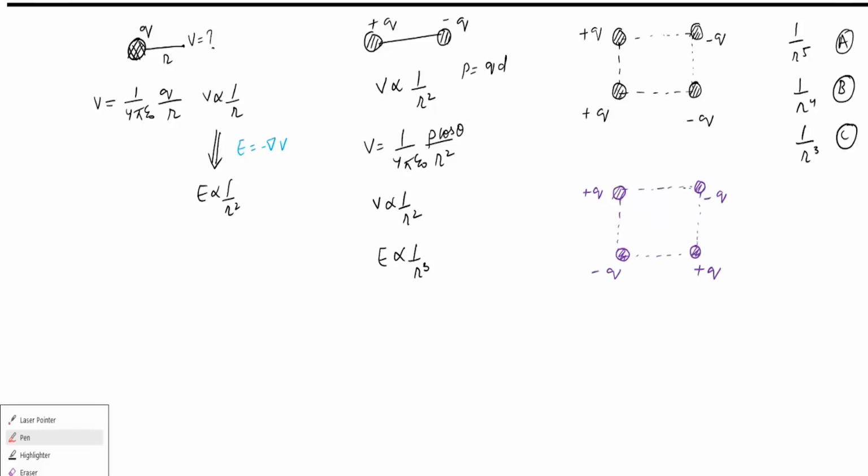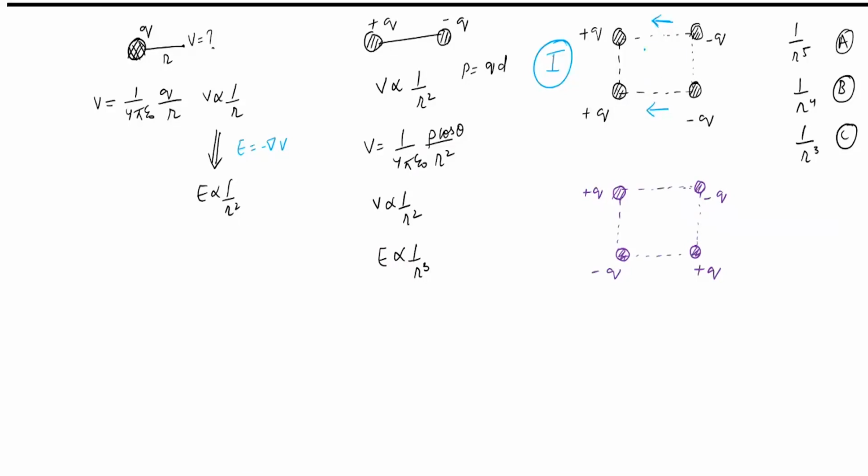In this example, what is the direction of the dipole moment? From negative to positive. But see here, in example 1, one dipole moment is pointing in this direction, the other one is pointing in this direction.